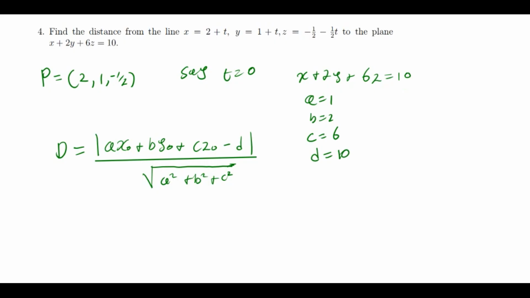Then your x naught, y naught, z naught is the point that you're starting with. So x naught is 2, y naught is 1, and z naught is minus 1/2. It's just a matter of substituting in, then we'll have what we are looking for.